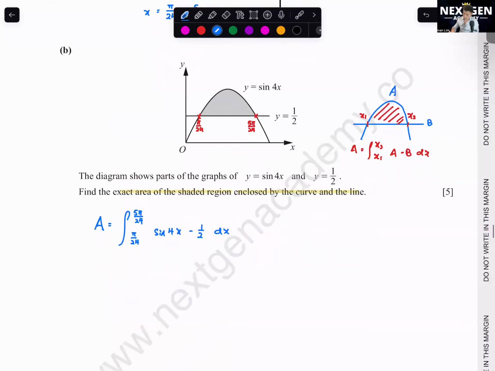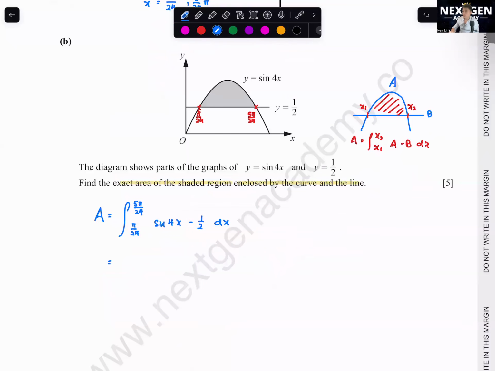Now integrate. Sine, we will use S, negative C. Be very careful when you integrate, everything is reversed. Sine will go to negative cos.